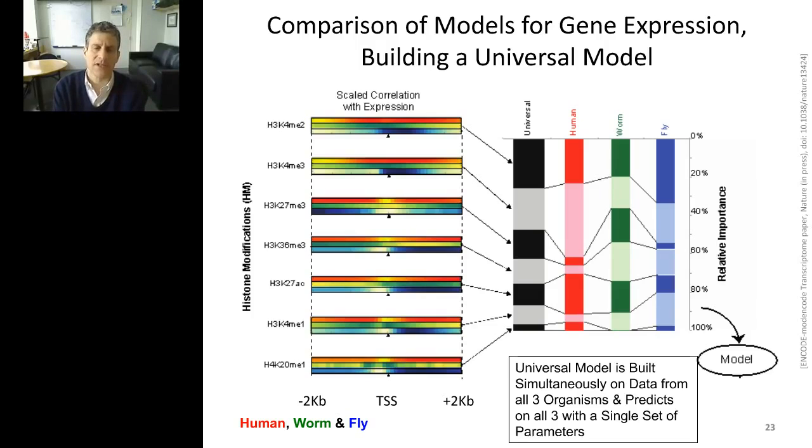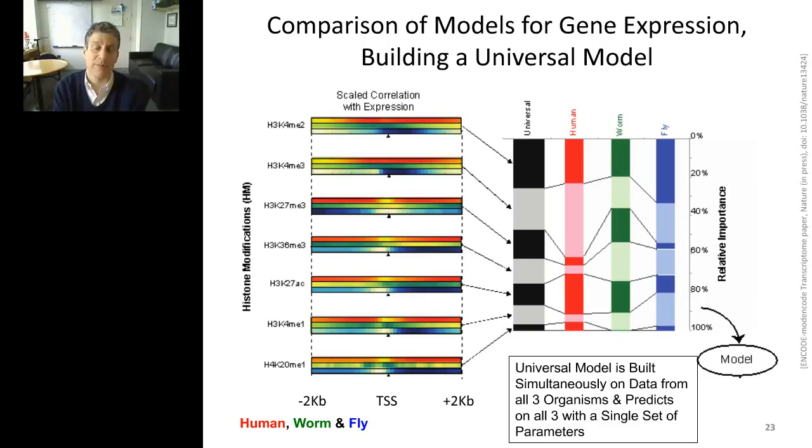Here you see little pictures that describe the correlations with gene expression for all the different histone marks upstream of the TSS for three different organisms: human, fly, and worm. Human is reddish, worm is greenish, and fly is bluish. The patterning is fairly similar for all the different marks, but not exactly the same.